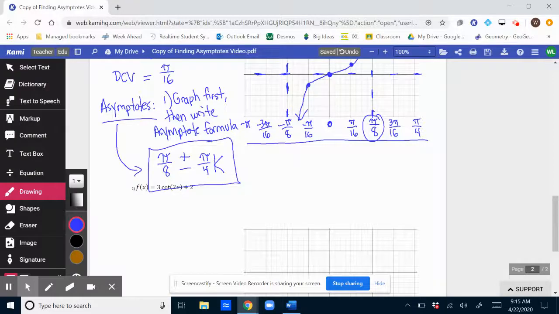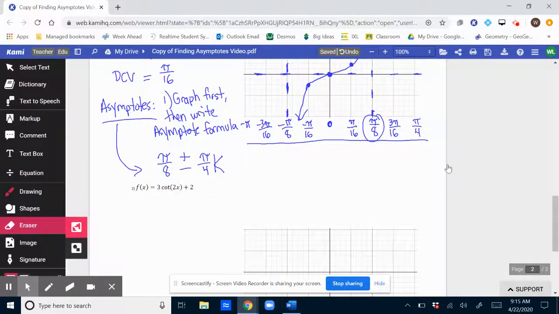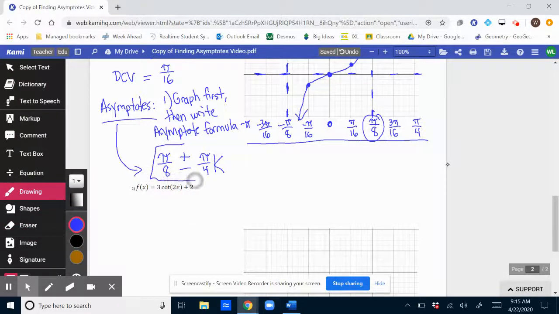And what k represents is k can be any integer, any whole number. So basically, this little equation here represents all asymptotes. Okay, so it has the first one, pi over 8.